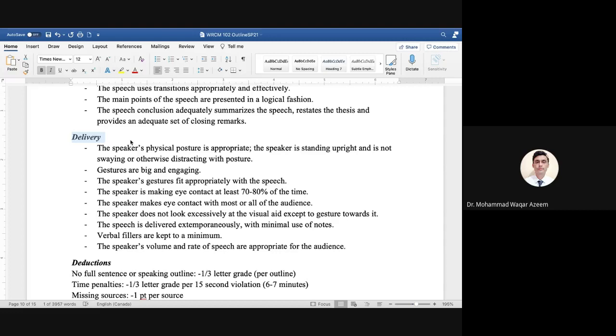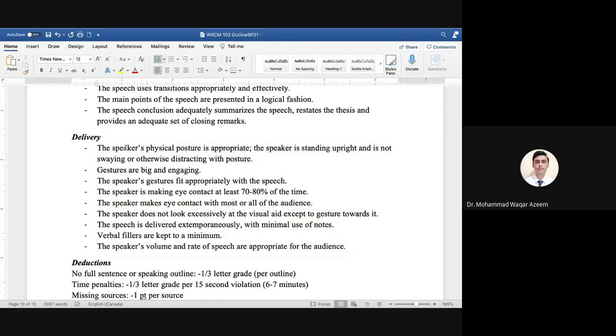You must keep your camera on during the speech. Accordingly, you will need proper background and proper light in the room. For the delivery part, these are the things you should keep in mind.